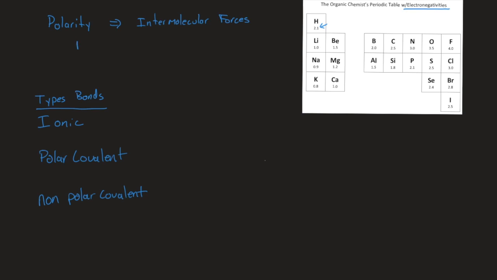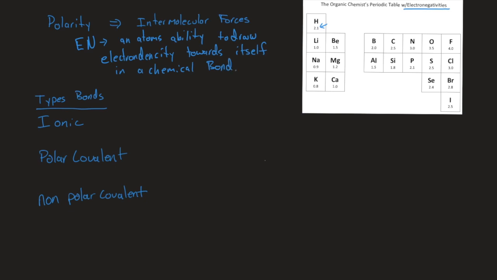And electronegativity, which I'm going to abbreviate EN, is an atom's ability to draw electron density towards itself in a chemical bond. So let's see how we can use this.